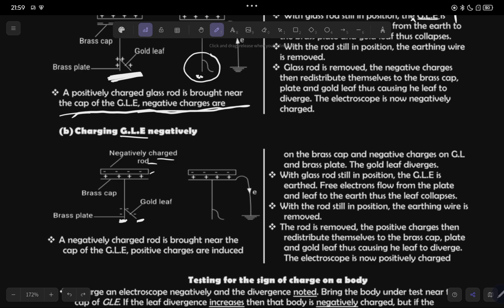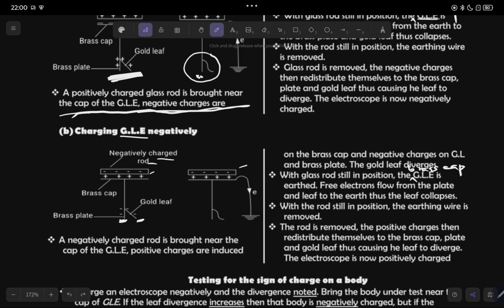Now, while we are still holding our inducing negative charge in place, we are going to earth the brass cap of the gold leaf electroscope. The brass cap of the gold leaf electroscope is earthed.